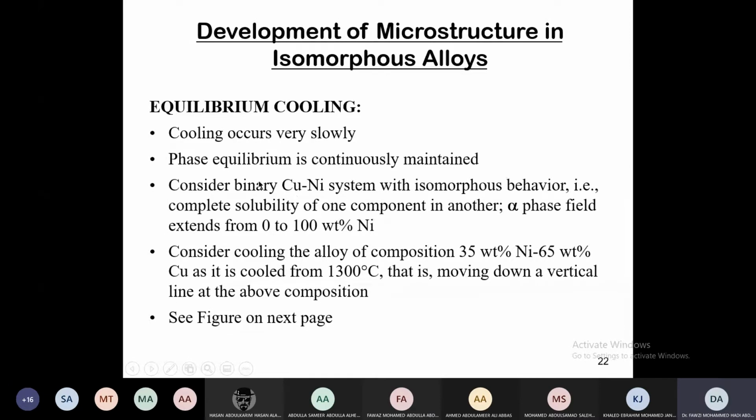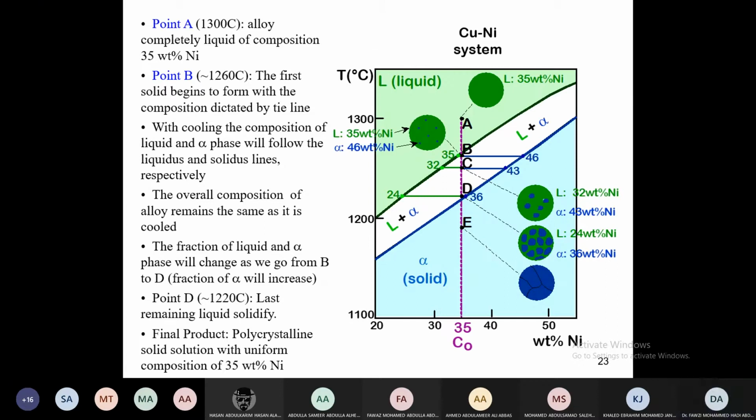We are going to consider the copper nickel system, which is the binary isomorphous behavior, complete solubility of one into the other. We are going to consider cooling of the alloy at 35% by weight nickel, which has 65% by weight copper, and we will be cooling from 1300 degrees centigrade and moving down on a vertical line and see what will be the development of the microstructure.